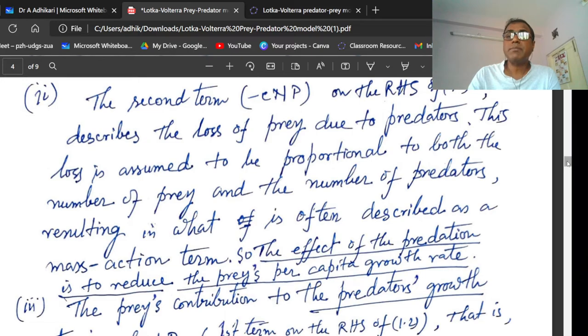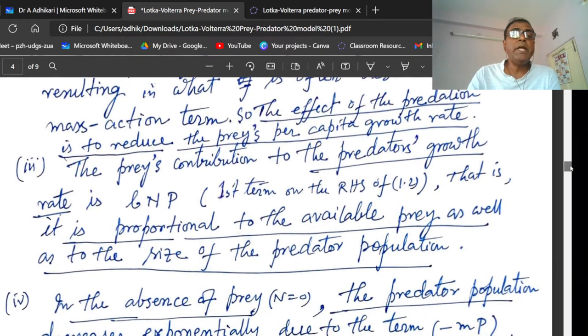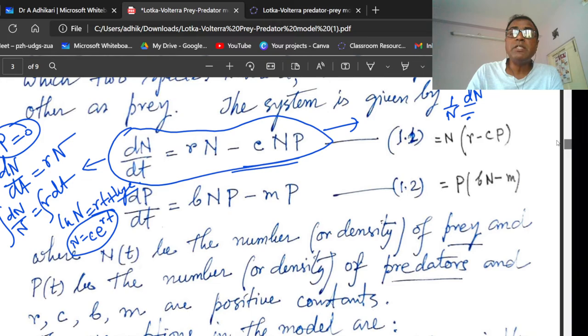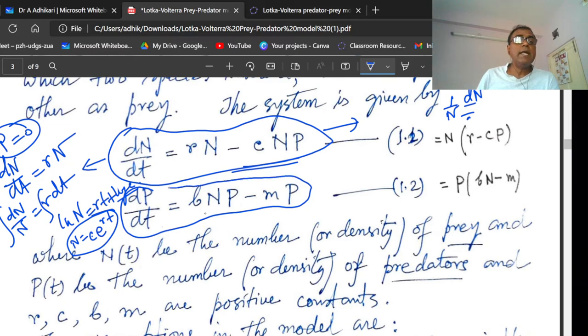Next, the third assumption: the prey's contribution to the predator's growth rate is BNP. From the second equation of this model, dP/dt equals BNP minus MP.